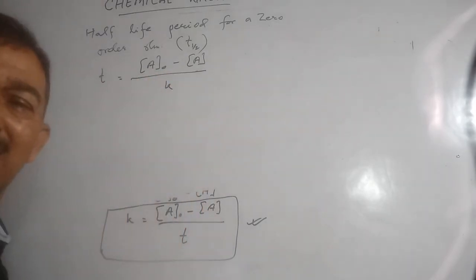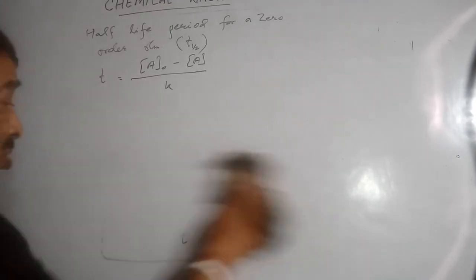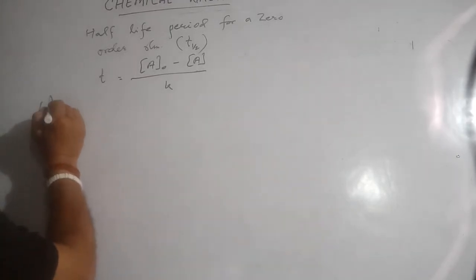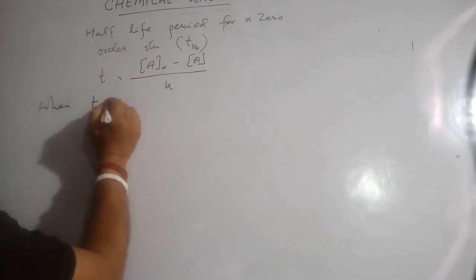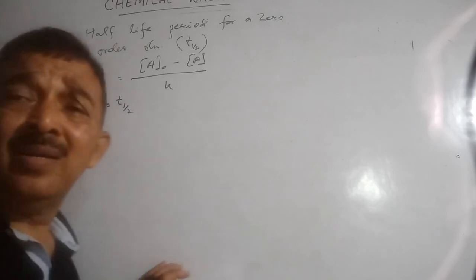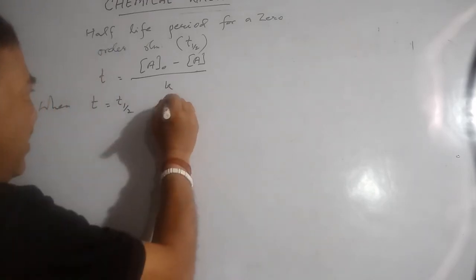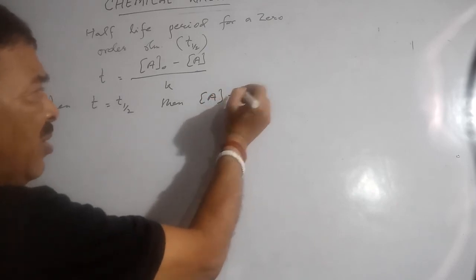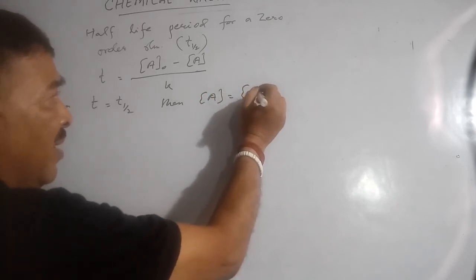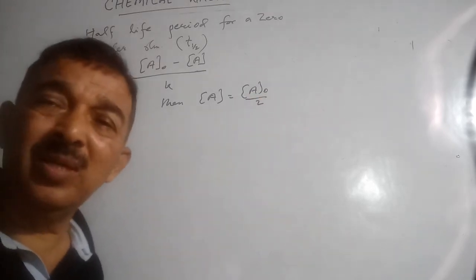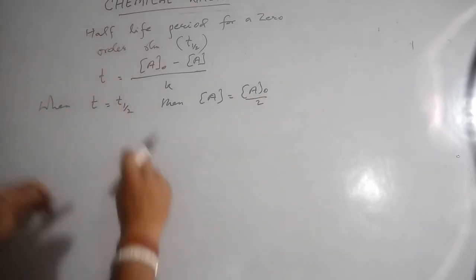So when T is T half, then the molar concentration of A will be equal to the initial molar concentration of A by 2, as per the definition of half-life period.